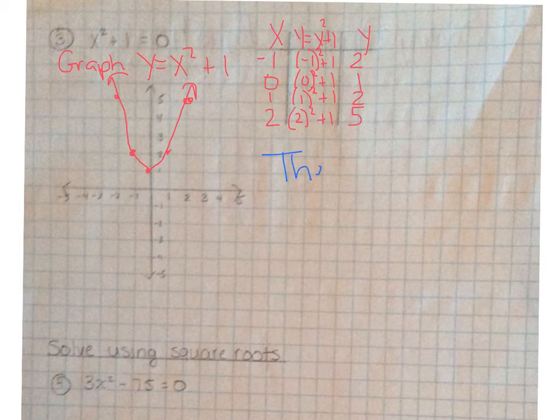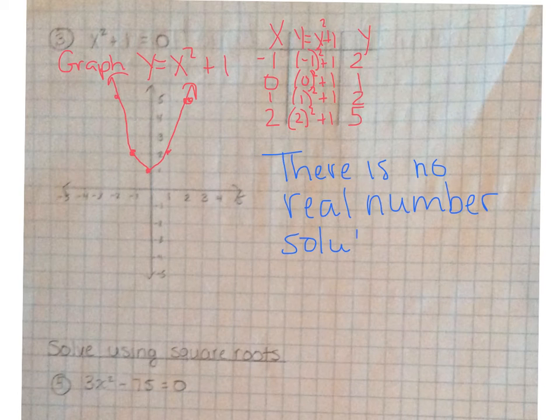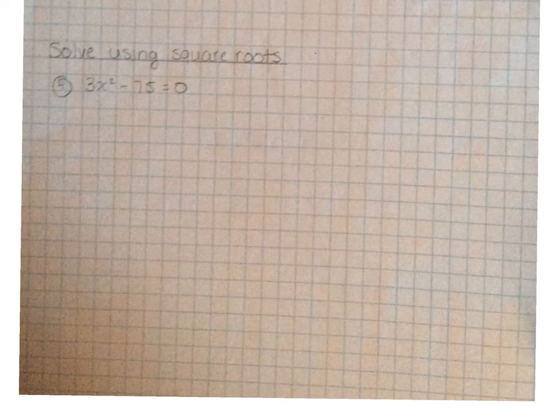So there is no real number solution. So we looked at an example that had two solutions, we looked at an example that had one solution, and we looked at an example that has no solution. Now we're going to take a break from graphing and learn how to solve using square roots.